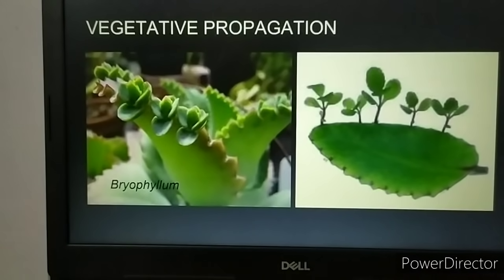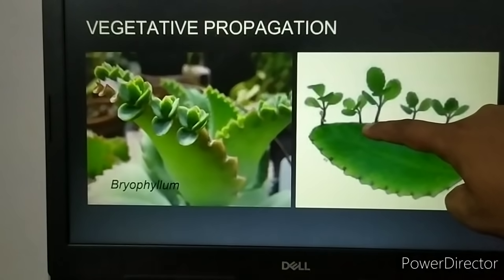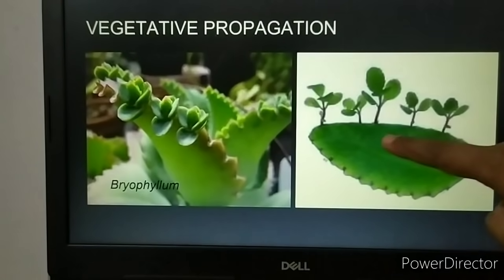So the epiphyllous buds are developed on the periphery of the leaf. What is the periphery of the leaf? As you can see in the module, this is the periphery of the leaf, that is the edge of the leaf. So the epiphyllous buds develop from the periphery. Because of this reason only we call them epiphyllous buds.